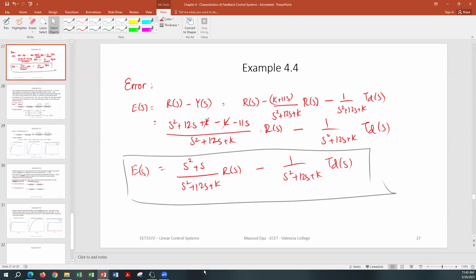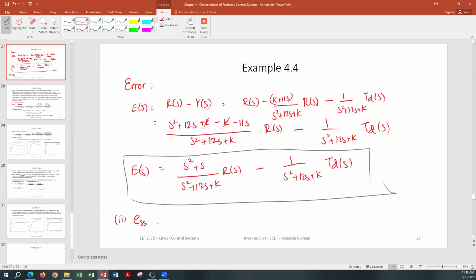And let's look at the steady state error value. We can see that the steady state value for a unit step function is going to be what? It's going to be 0. Let's do it here.